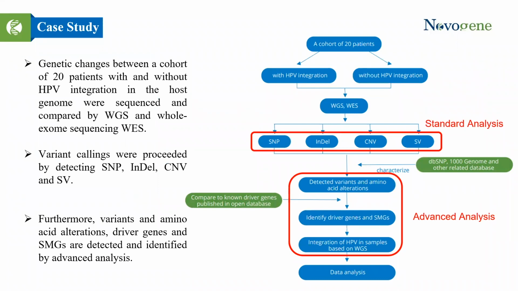In this experiment, researchers used human WGS and human WES to sequence and compare genetic changes between a cohort of 20 patients with and without HPV integration, and called SNP, indel, CNV, and SV, which is part of our standard analysis.